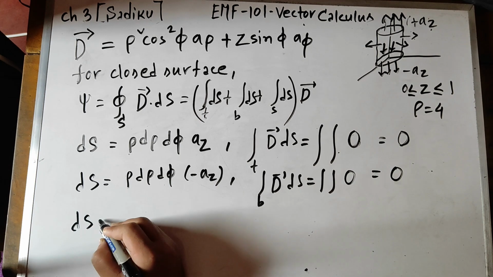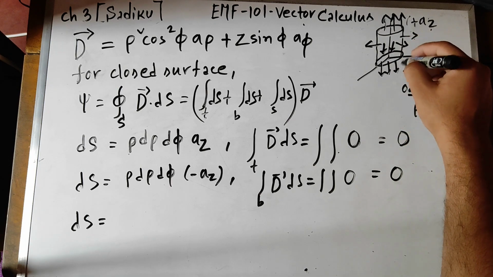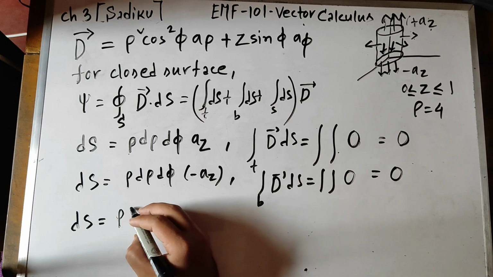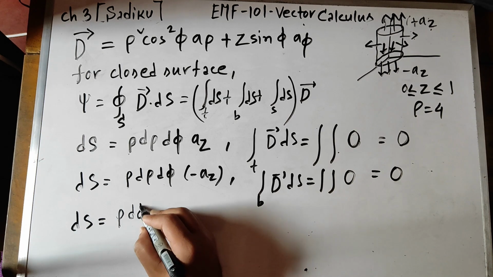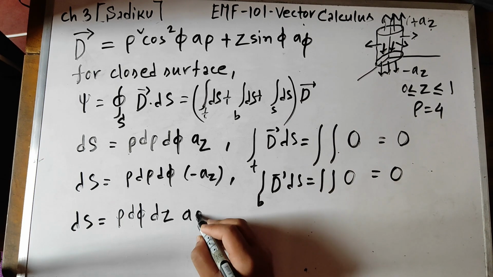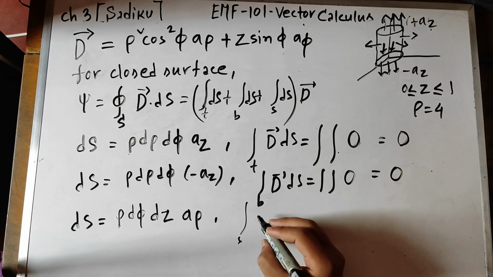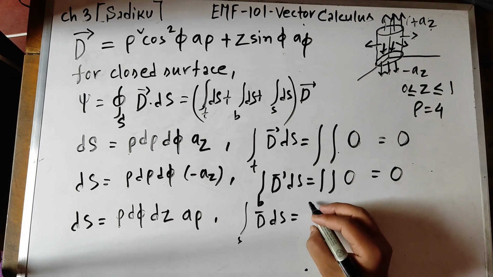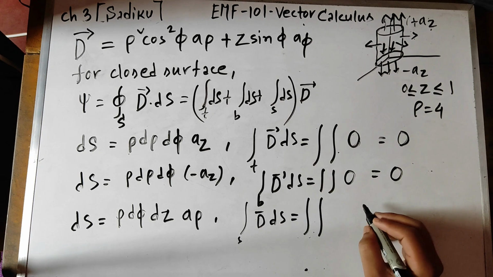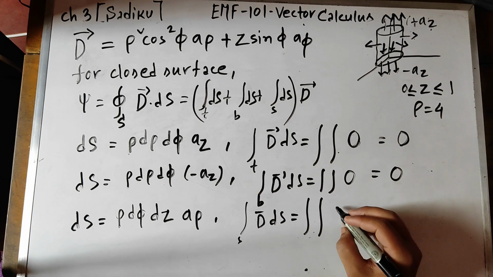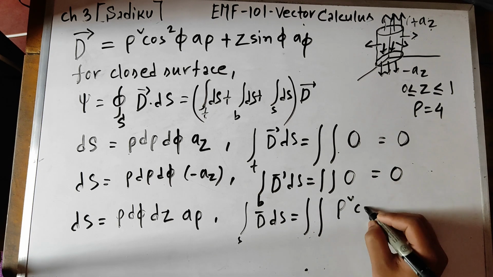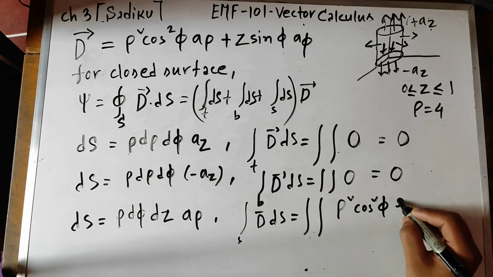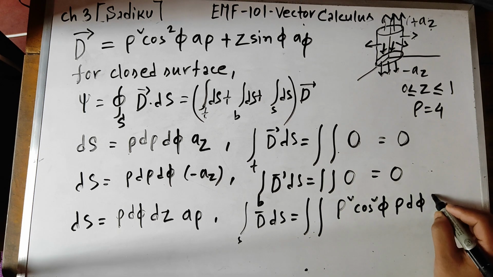Now the differential surface through the sides of the closed cylinder is rho d phi dz in the direction a rho. So for the sides, ds will give us the component rho square cos square phi times rho d phi dz.